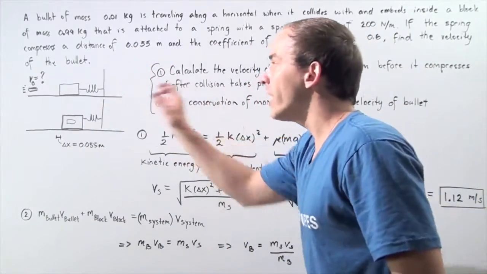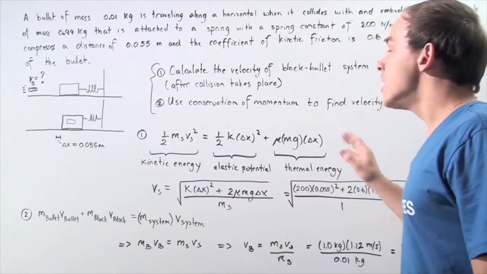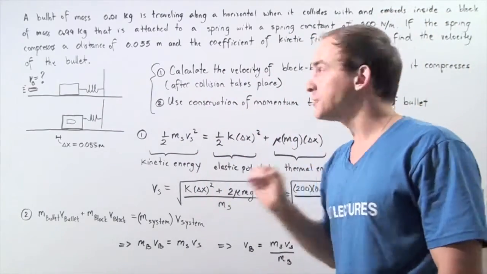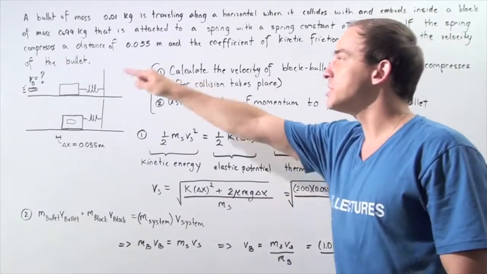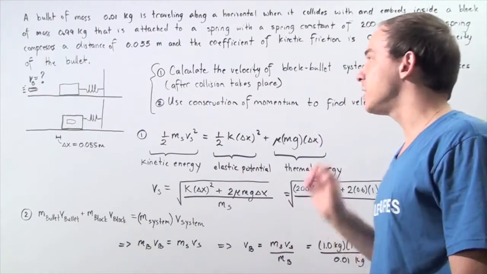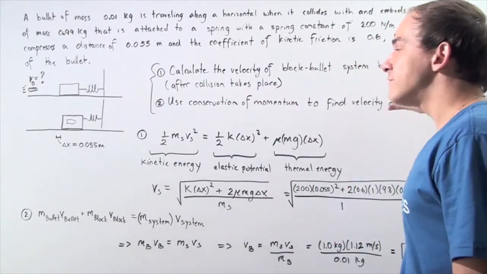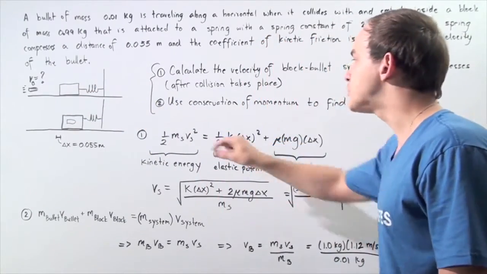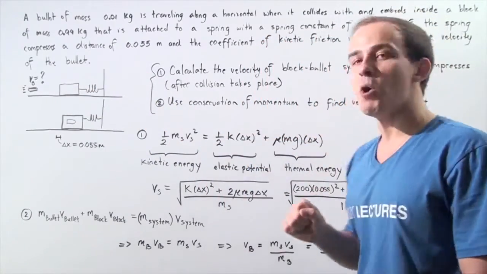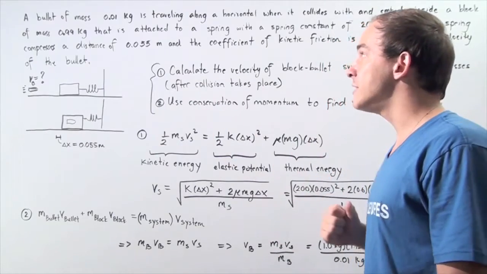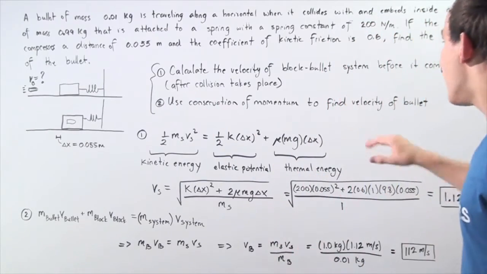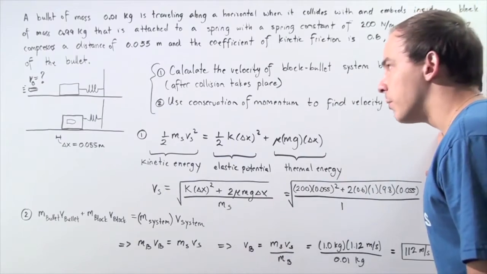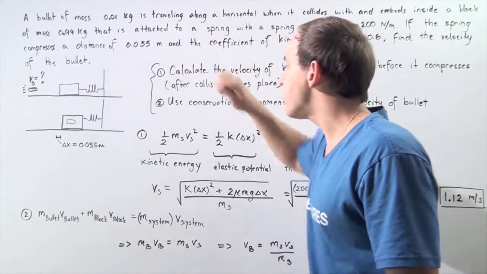So this point happens to be also the point right after the collision between the bullet and the block takes place. Knowing that velocity of the bullet-block system, we can then use the conservation of momentum, because we have an inelastic collision, to find the velocity of the bullet. So let's begin with step 1.